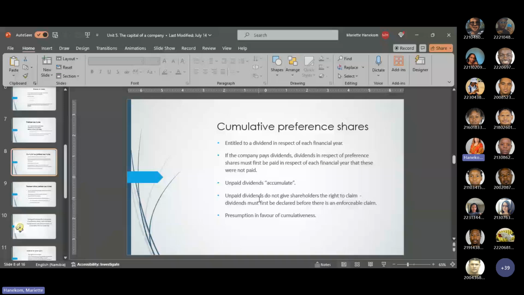So if in 2024 dividends are declared, you get back pay. Dividends in respect of preference shares must first be paid in respect of each financial year that these were not paid. So they add up, they accumulate.